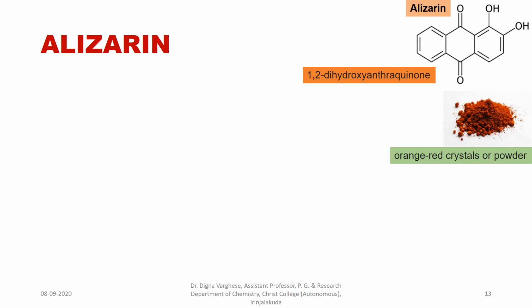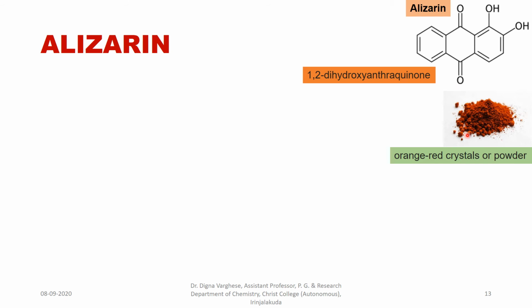Alizarin is also known as 1,2-dihydroxy anthraquinone: three rings are fused, the middle ring contains 2 CO groups, and the 1,2 positions contain 2 hydroxy groups, so it is known as 1,2-dihydroxy anthraquinone.